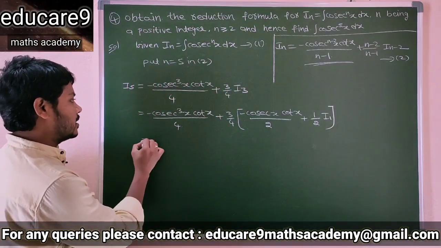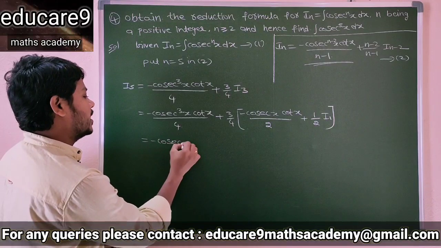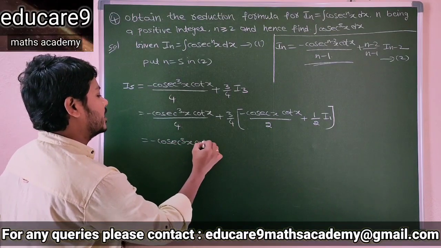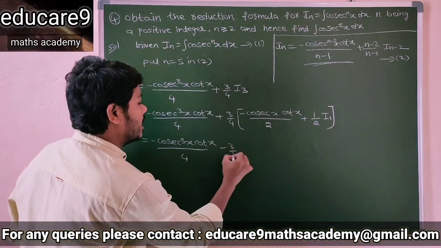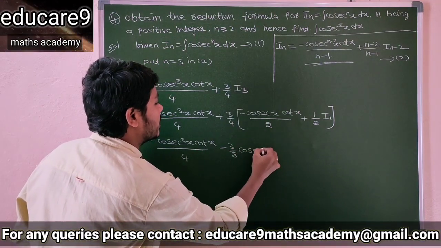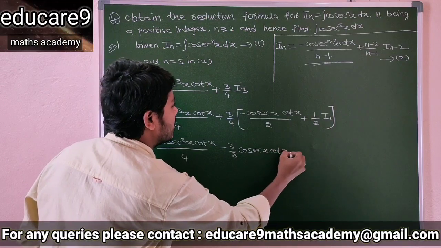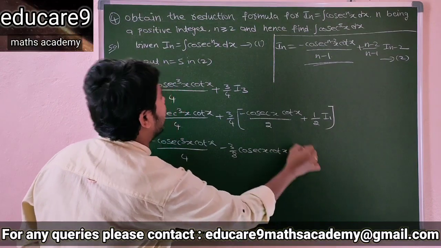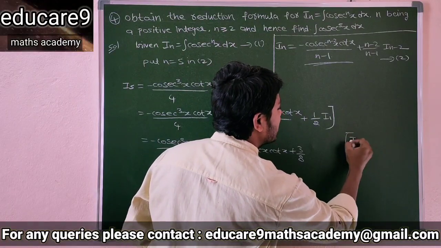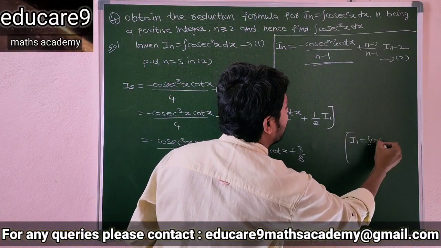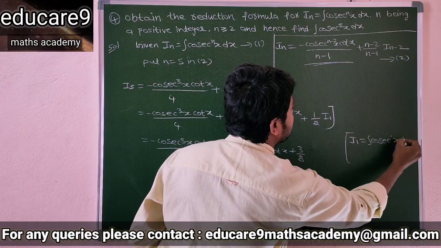So now this is minus cosec^3 x cot x divided by 4, minus 3 by 8 cosec x cot x, plus 3 by 8 I1. So what is the I1 value? Here I1 is equal to the integral of cosec^1 x dx.